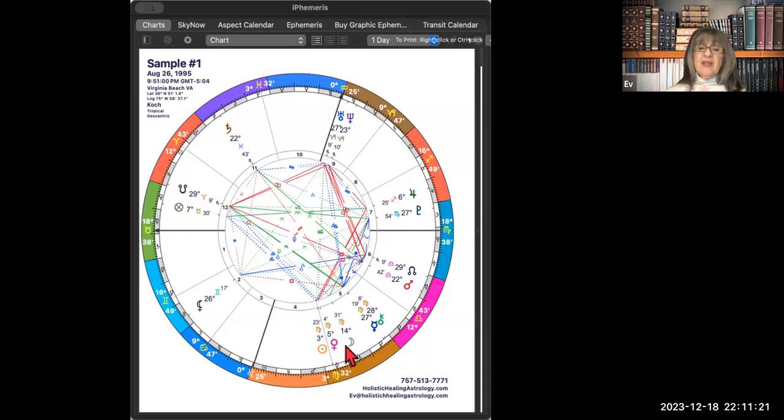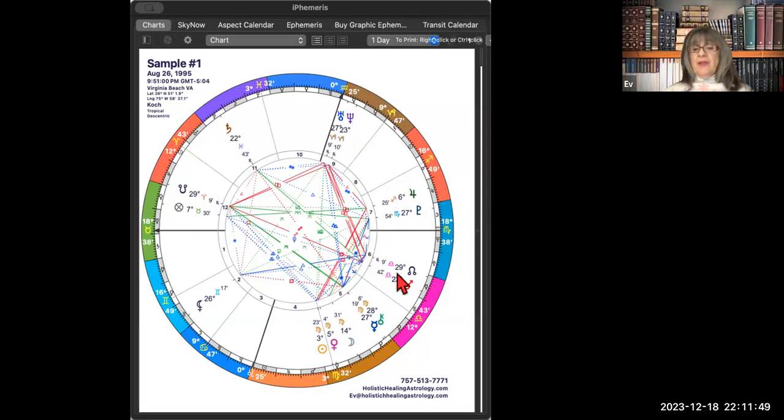Interesting. Virgo, a lot of Virgo energy. And then the second to the last thing is the part of fortune. Your greatest success, joy, and prosperity is represented by the part of fortune, which is 7 degrees Taurus, 30 minutes, and it's in the 12th house.